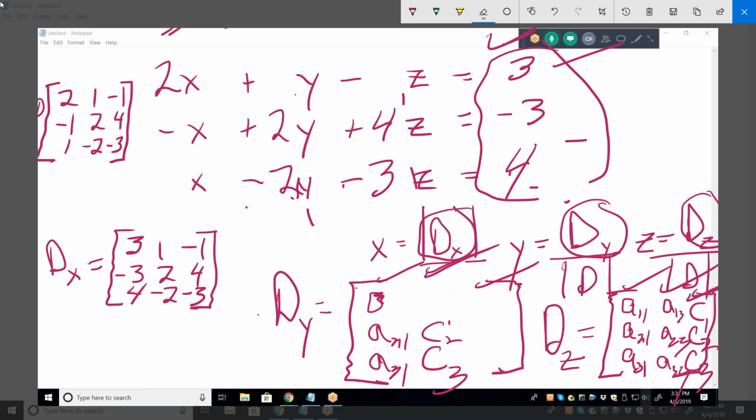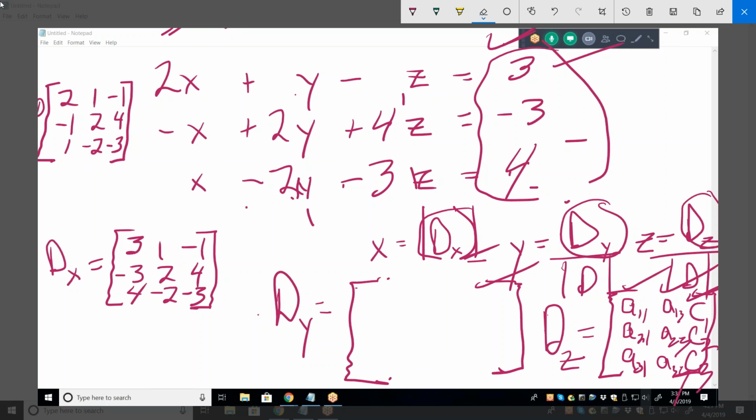What's D sub y? My terminology isn't quite right here either. In my book, when they say capital D sub x, they mean the determinant, whereas I'm just writing out a matrix. Doesn't really matter. I think it's all about just agreeing on a standard terminology.